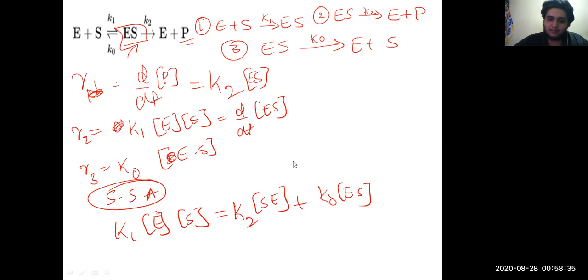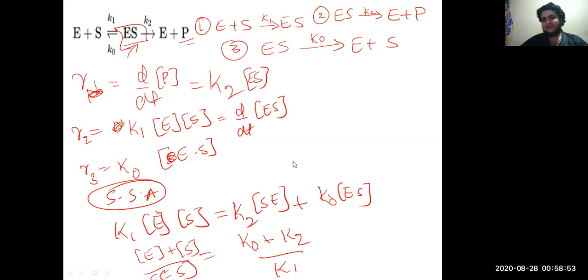I can put all the constants towards the right hand side. So I will just have K0 plus K2 by K1, and towards the left hand side I'll have all the concentrations, enzyme plus substrate and enzyme substrate. Now further, this derivation deviates a little from our usual chemical kinetics derivation.